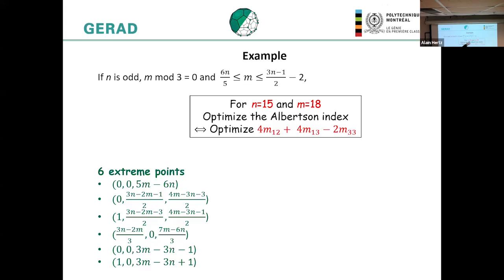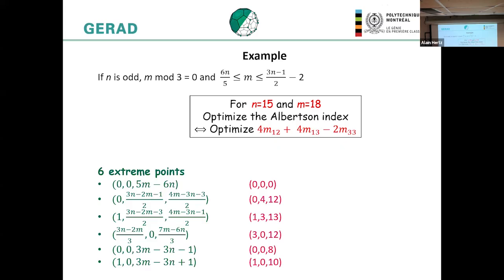So 15, 18 belongs to this position. So I know the extreme points, there are only six possibilities. Your optimal molecule you are looking for is one of them. So you gave me 15 and 18, so I can compute the value, replace n by 15, and replace m by 18. And so, for example, 5 times 18, which is 90, minus 6 times 15, which is 90, you get 0. So 0, 0, 0. So I compute the value of this point.